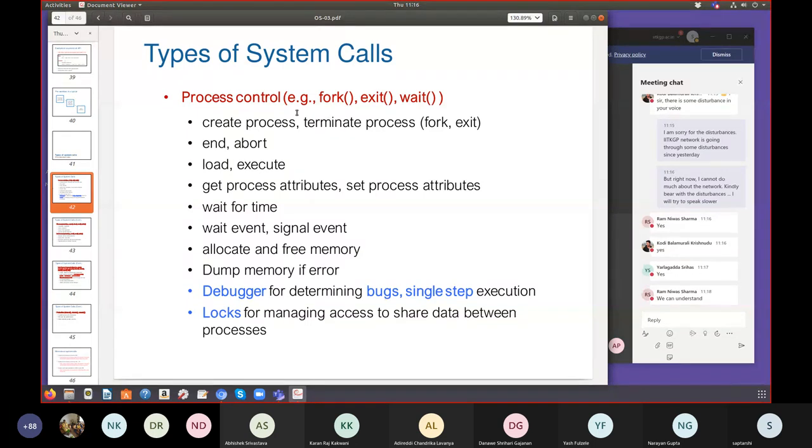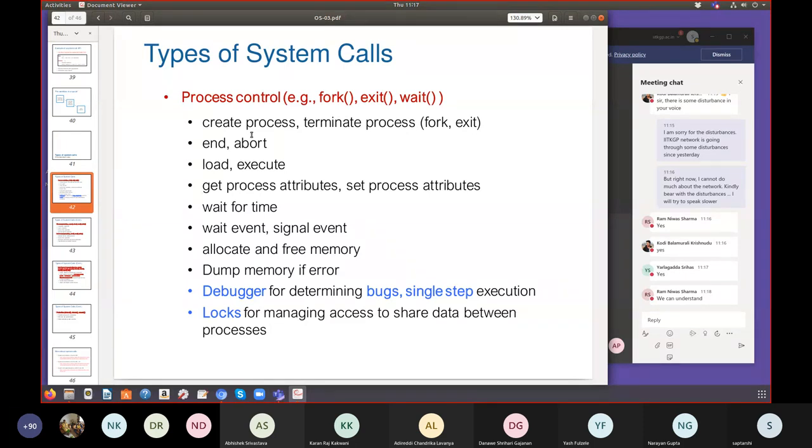So a process is basically an application, a user application which runs. There are different system calls for process control. For example, you create a process: one process is running and it wants to create another process.